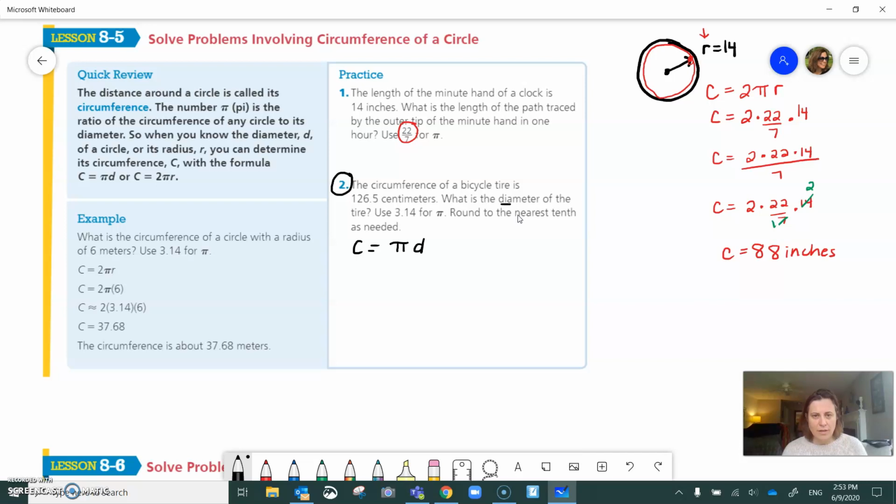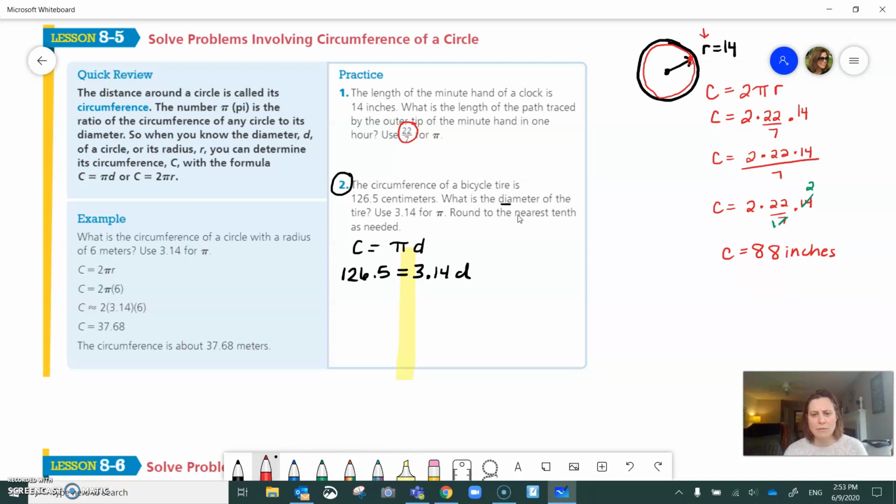So here we go. They told us that the circumference is 126.5. We're looking for the diameter, and for pi, they told us to use 3.14. Awesome. Okay, I don't think I'm going to mess up on this one.